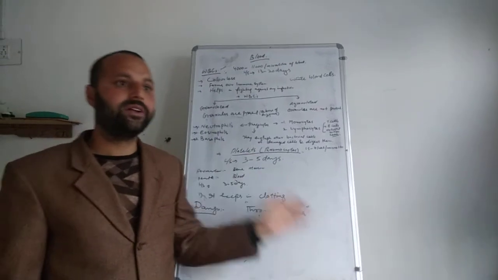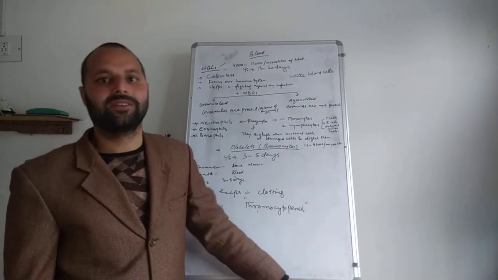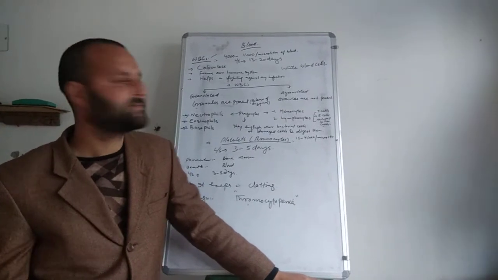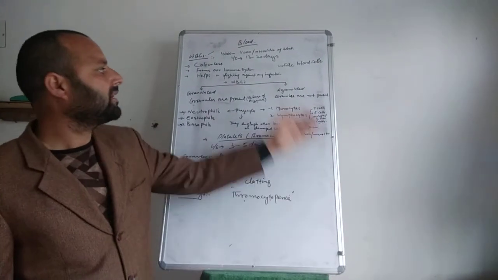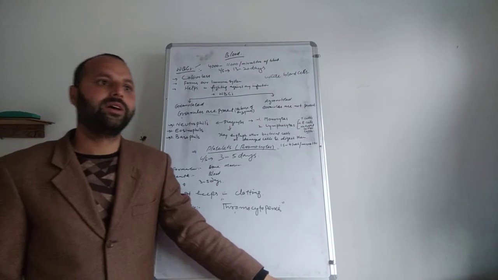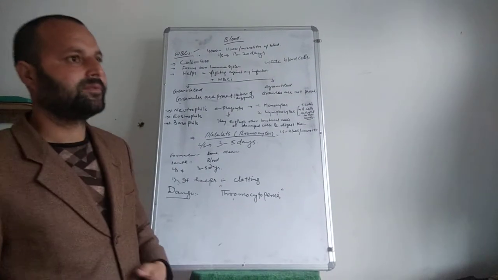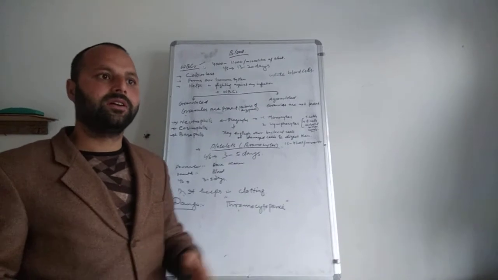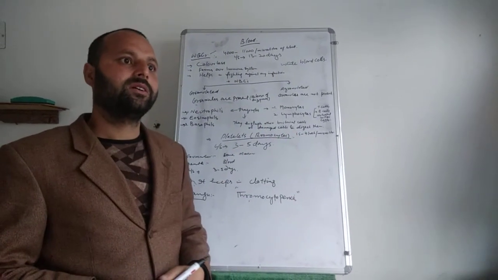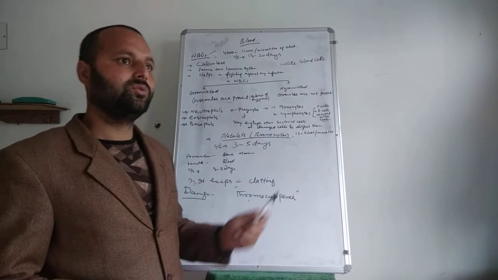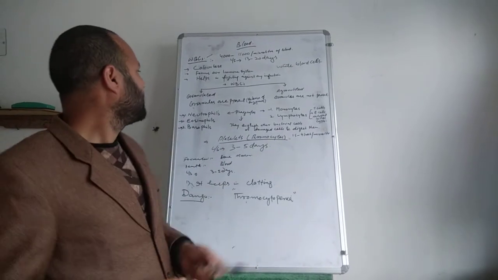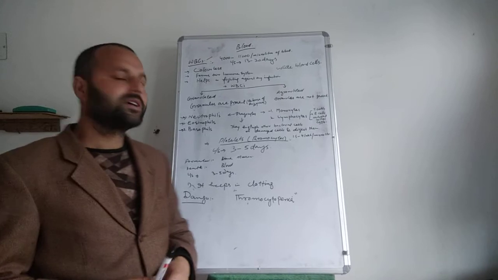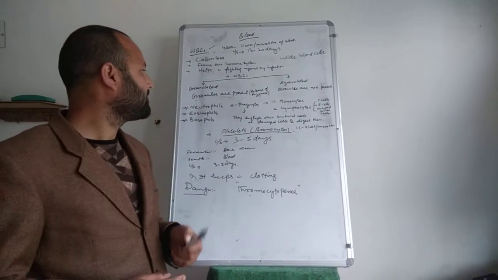Granulated WBCs contain granules which release enzymes. The second one is agranulated, where granules are not present. The granulated WBCs are further divided into three cell types known as neutrophils, eosinophils, and basophils.